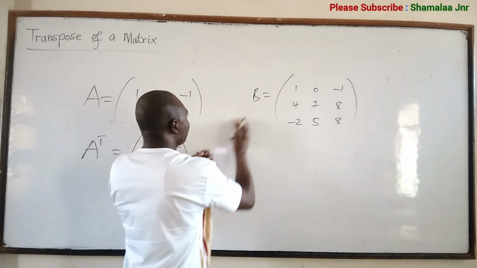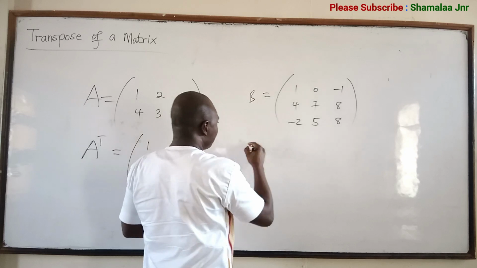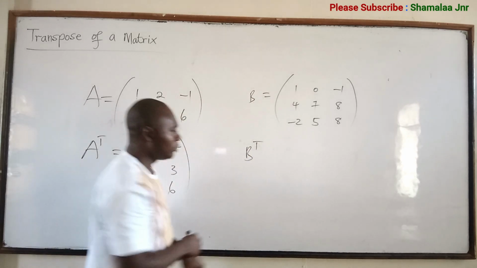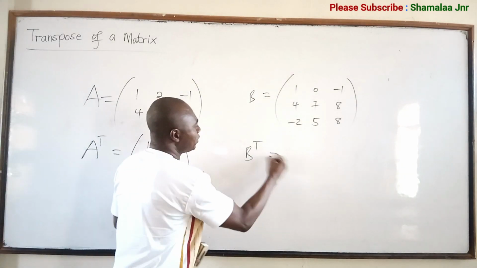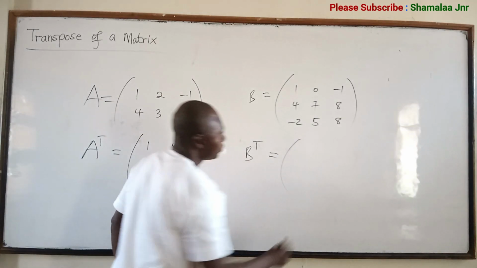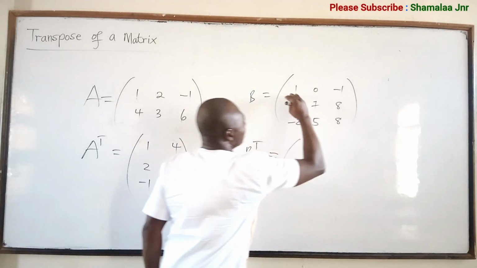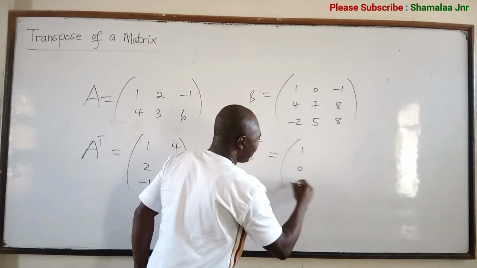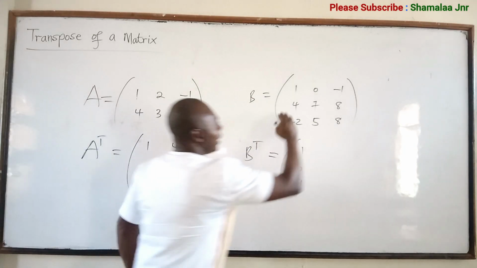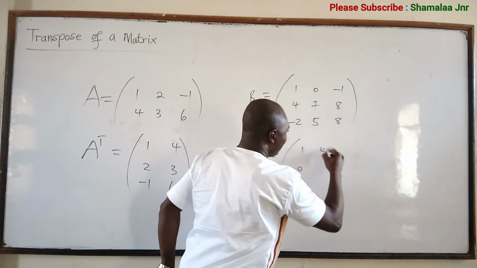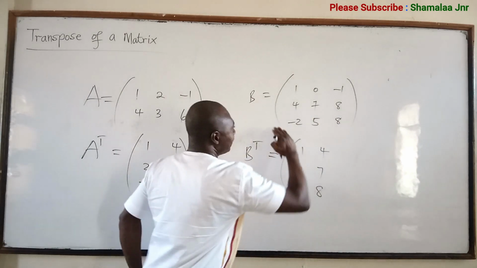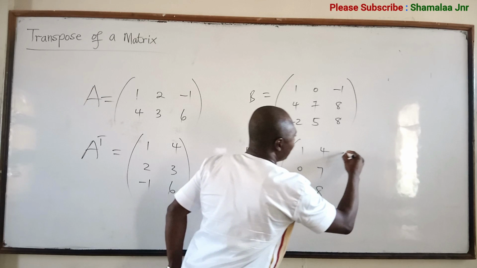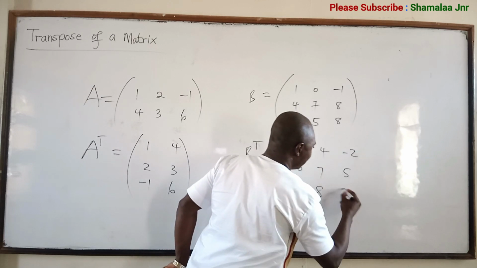When I ask you to find the transpose of this matrix, you write B transpose. This is equal to, so look on the board, we just pick this row and put it there. So it will be 1, 0, negative 1. And then you pick the whole of this and place 4, 7, 8. Then you pick this one and place negative 2, 5, 8.